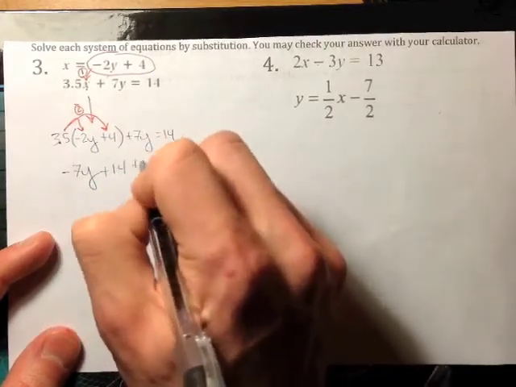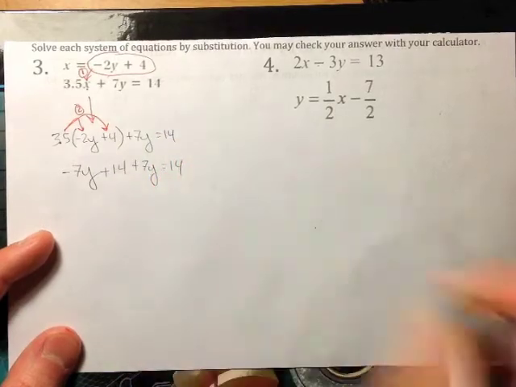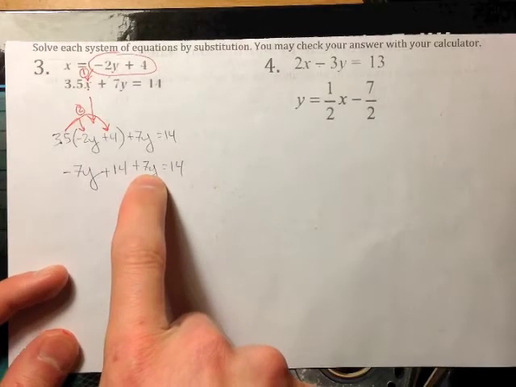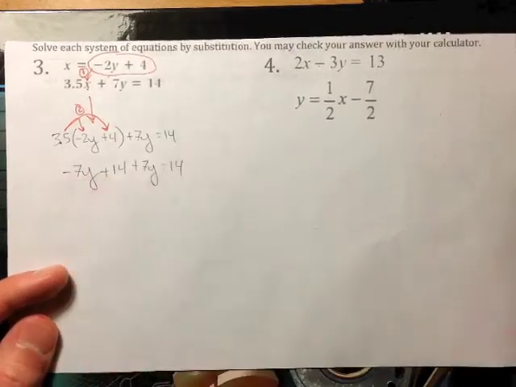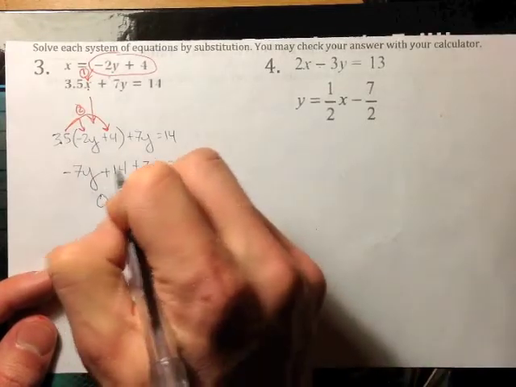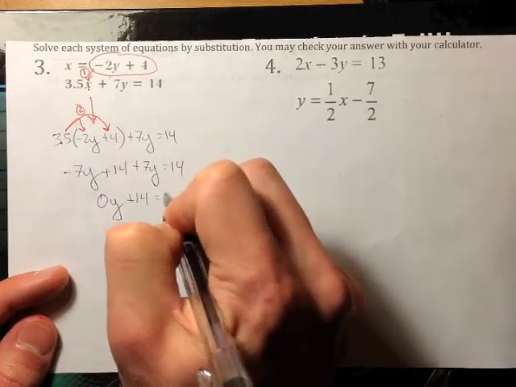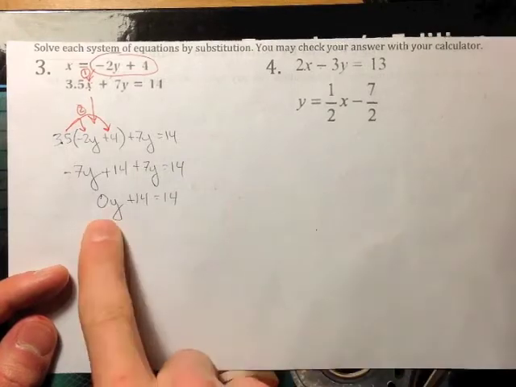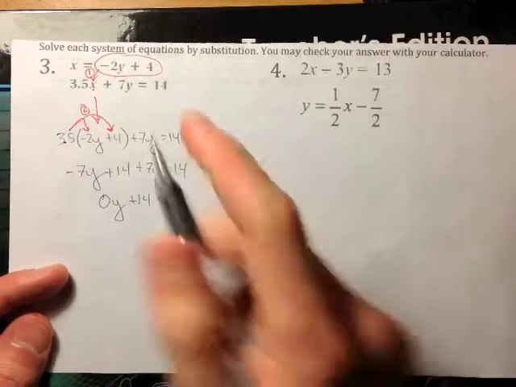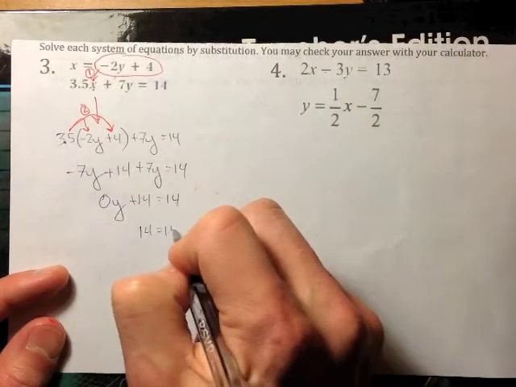So I have a plus 7y out here and a 14 over here. Now again, the negative 7y and the 7y are on the same side of the equation, so I can combine them directly. That is equal to 0y. I still have a plus 14 and a 14 on the other side. Now 0 times anything is 0. So that can go away. So really what I'm left with is 14 equals 14.